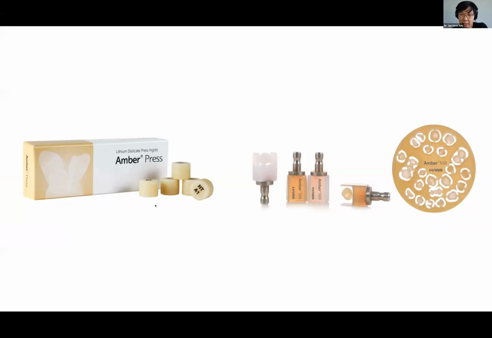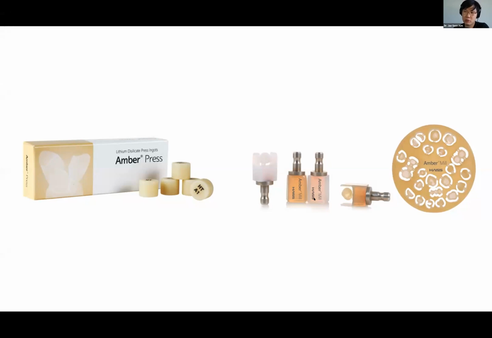I think it's more accurate, but amber also has these really unique milling blocks for CEREC. And one thing that makes this unique is that they have basically one block, and you fire it at a different temperature, and the opacity changes. So if you want a high opaque ingot, you fire it at a certain temperature.